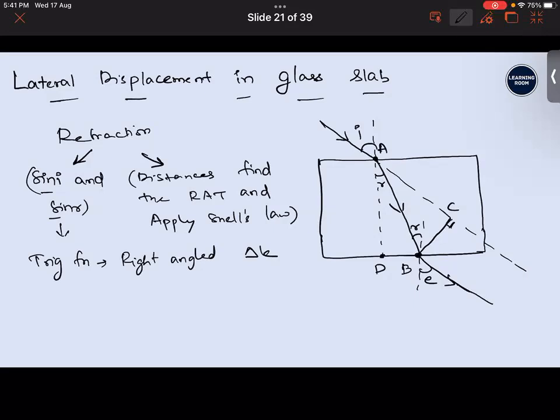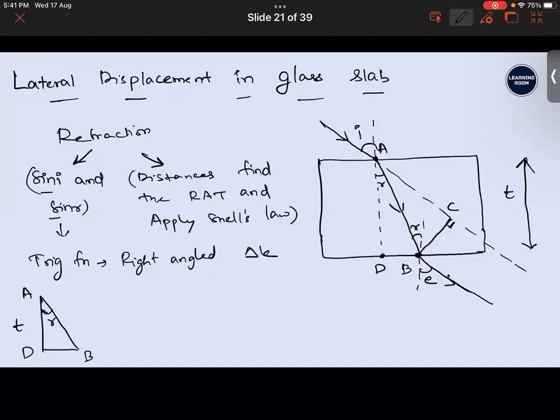So what I'm trying to say is, if I take the thickness of the glass slab, for instance, to be T, then if I take the right angle triangle ADB, the thickness is T, this is R, then cos R is how much? T divided by AB. Okay.